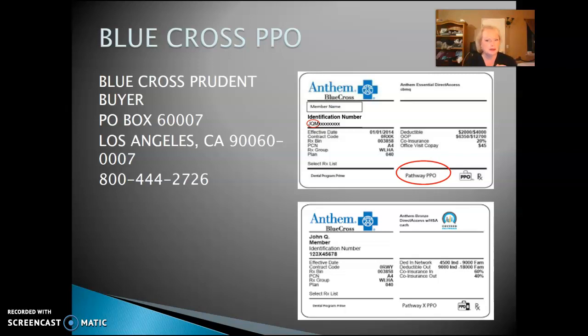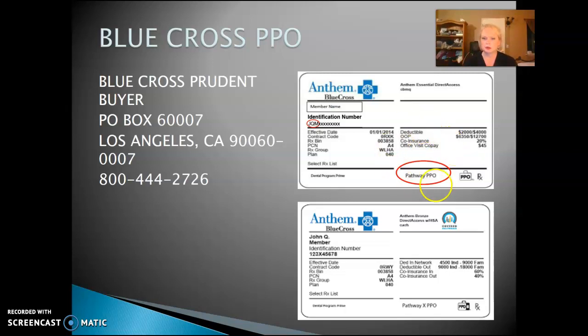If it's an EPO, you've got to be careful too. You've got to make sure that they're in network. If it's a POS, it's okay too, because a POS is kind of like a hybrid between an HMO and a PPO, so they can use their PPO benefits to come see you. But definitely with an HMO, if you work at Hoag, make sure that they have a Hoag doctor as their primary so that they can come to you.